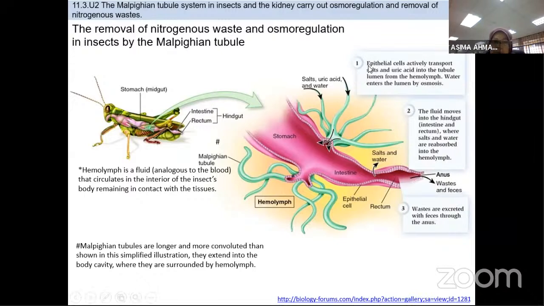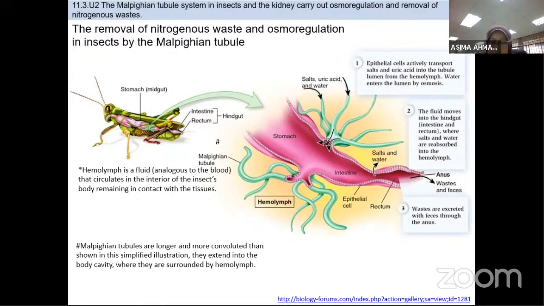what happened here? The epithelial cells of the tubule actively transport salts and uric acid into the tubule lumen from hemolymph, because these tubules are all surrounded by hemolymph. So hemolymph is similar to our blood.